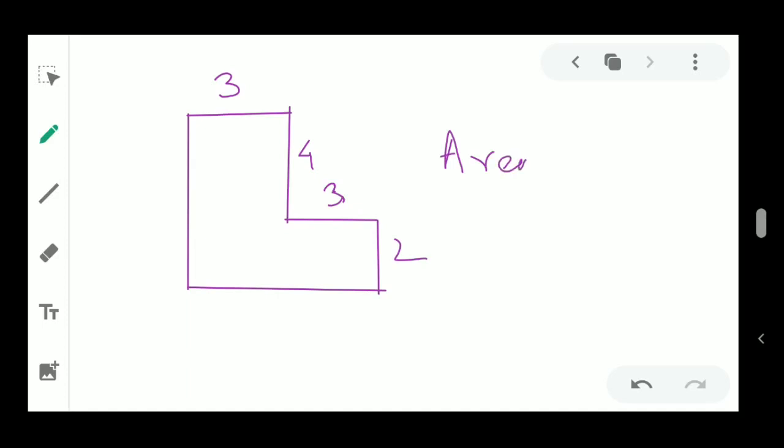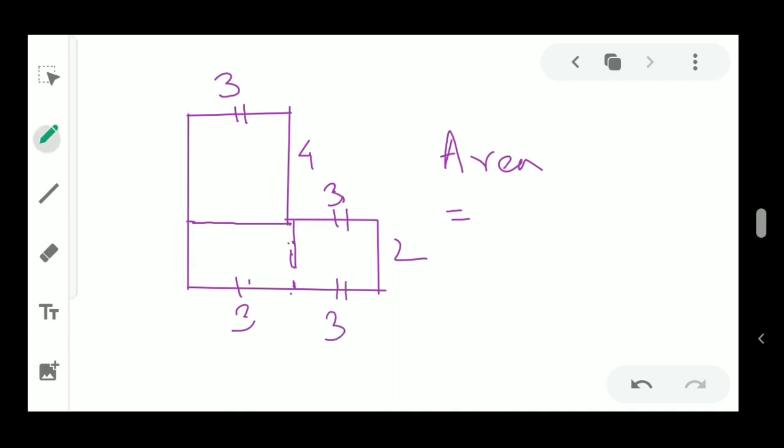You know that area means the inside space. So in this case you can directly give this kind of line. This line will be same as this one, so this is also 3 and this is 3, so this will be 3.